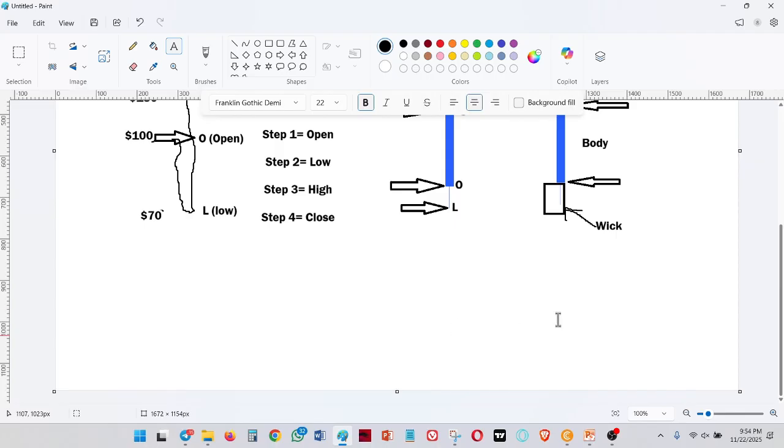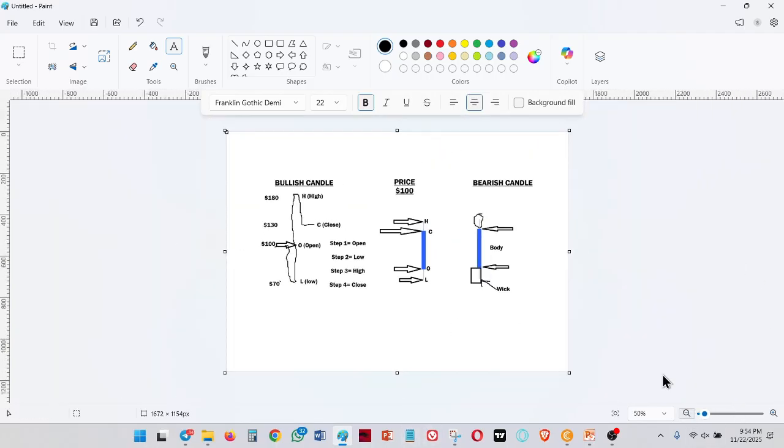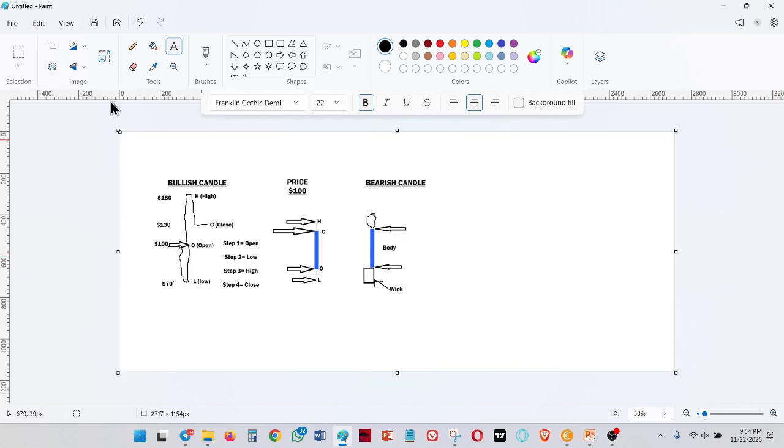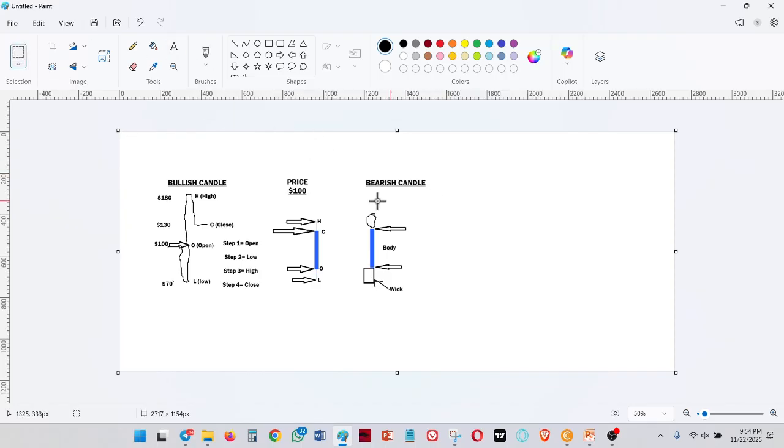So now I have explained a bullish candle for you, right? Now a bearish candle is the same thing. Now let's see if we can stretch out this screen. Let's go like this. Good. So I'm gonna pick this tool and bring it around here.